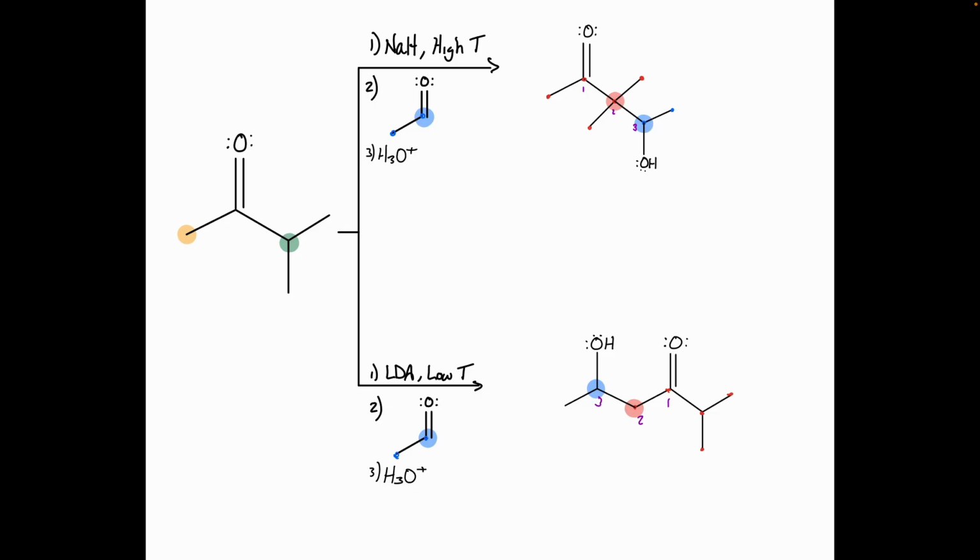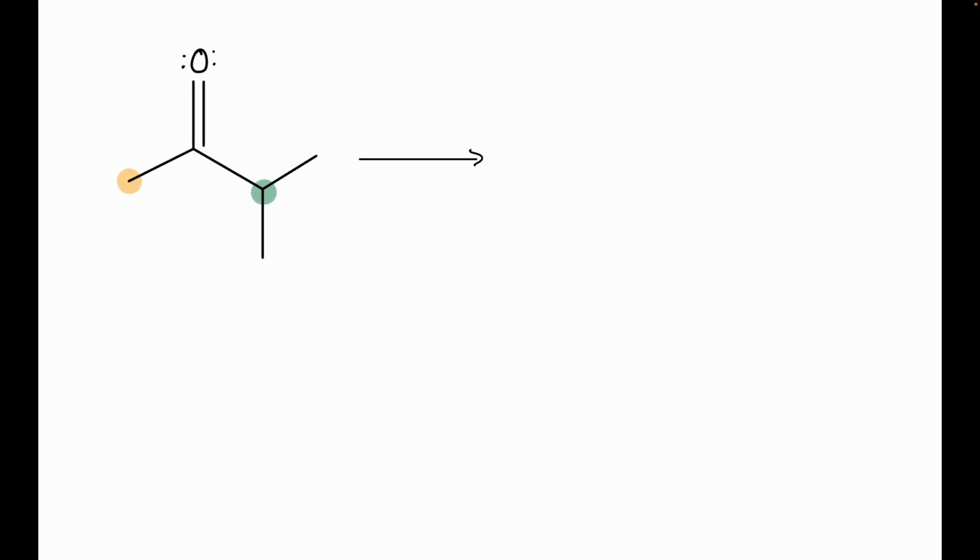But now let's take this same ketone here. We're going to treat it with one of those two bases. I'm going to do LDA at low temperatures. But now instead of adding in an aldehyde, I'm going to add in an ester.